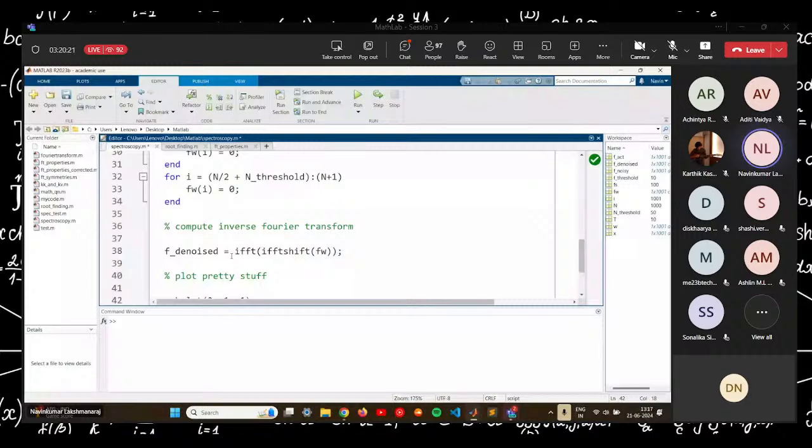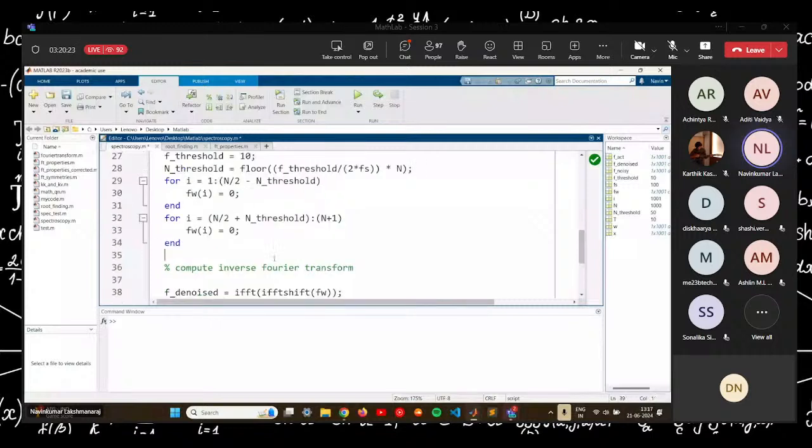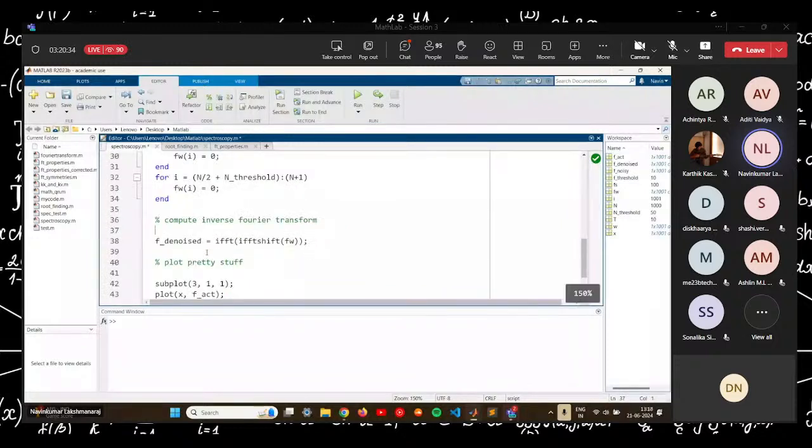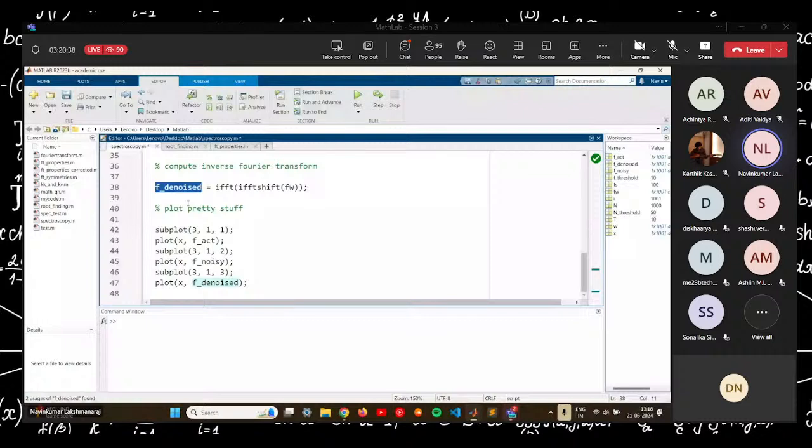And once I get the denoised data, I'm using this function to just plot it. And what actually happens is you start off with the original data, you add some noise to it, and the denoised function looks something like this, which is way better than the actual function here.